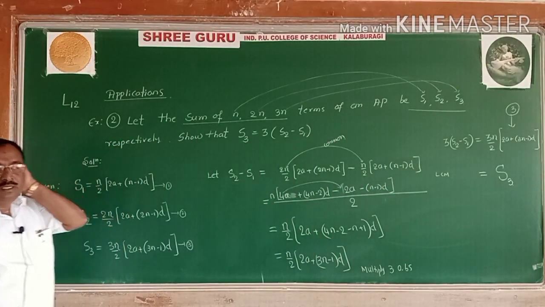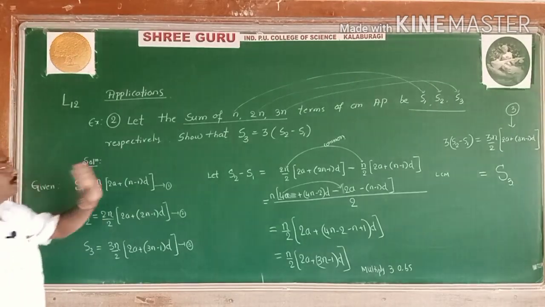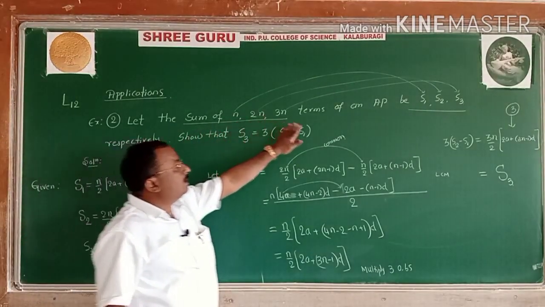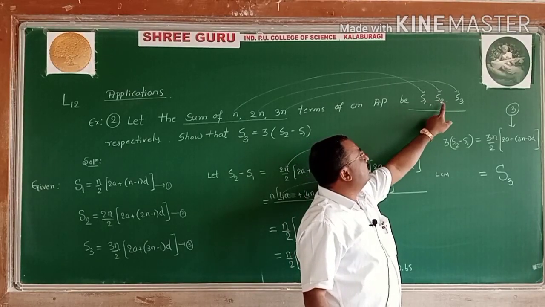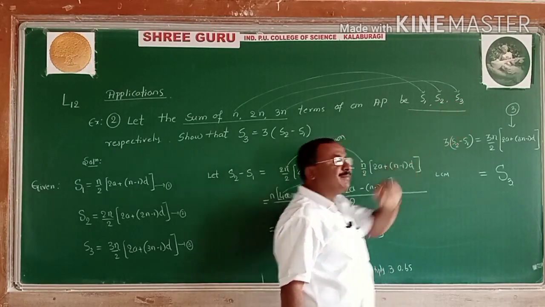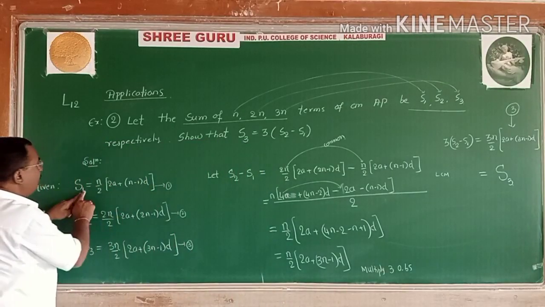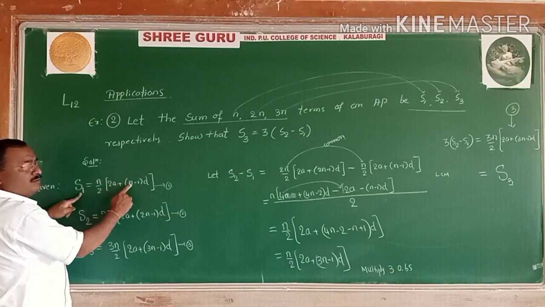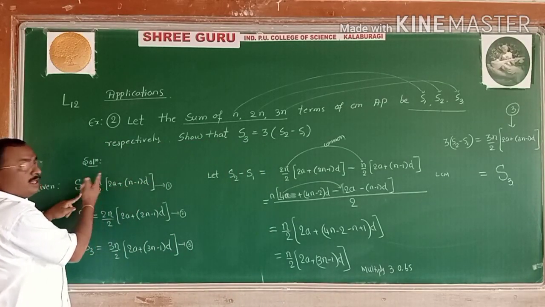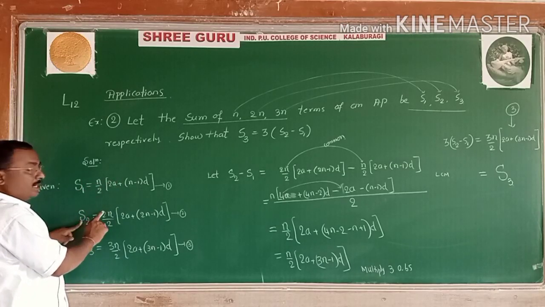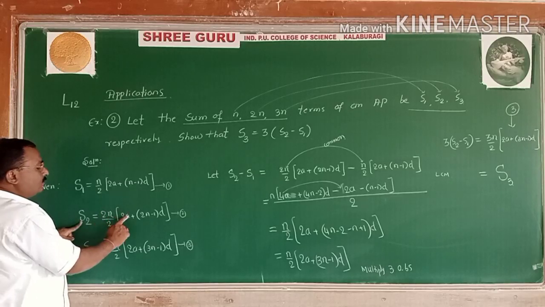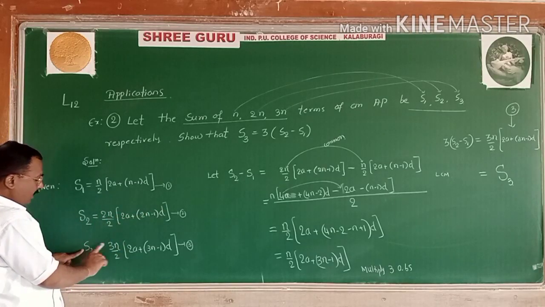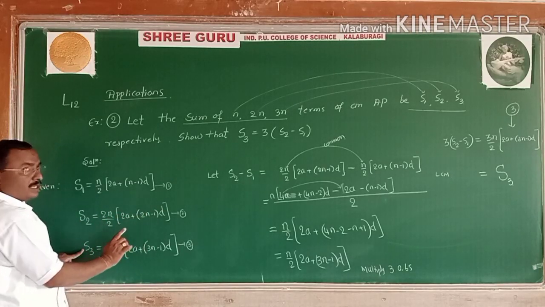Any doubt? Here the sums of n, 2n, 3n are respectively S1, S2, S3. S1 is n by 2 into 2a plus n minus 1 into d. 1 into n is n. In S2, n is replaced by 2n: 2n by 2 into 2a plus 2n minus 1 into d. In S3, it is 3n.